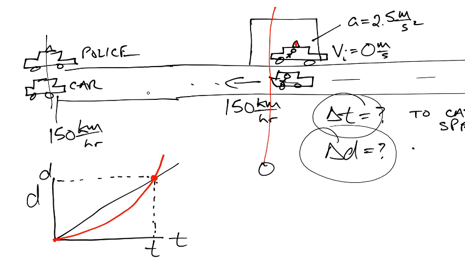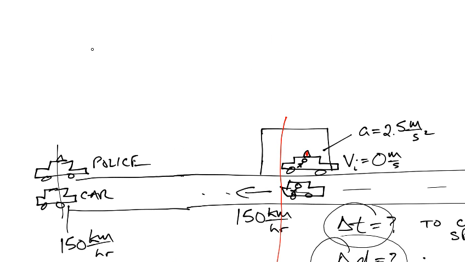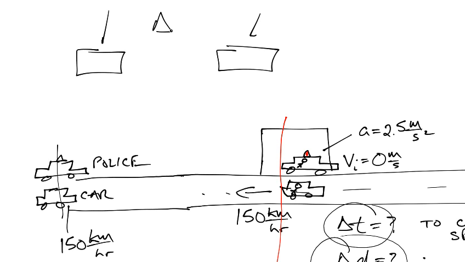Think if you're on the highway and there's a car ahead of you, and you are an object behind it some distance. If you are both traveling at the same velocity, this object will never catch this object.